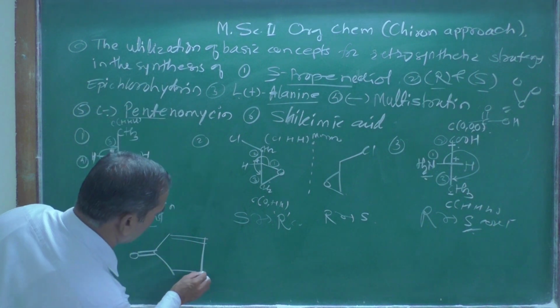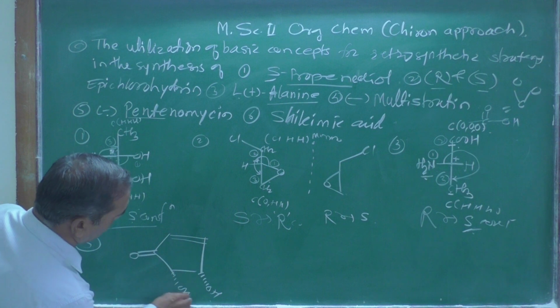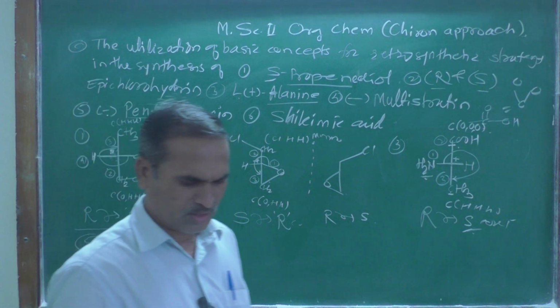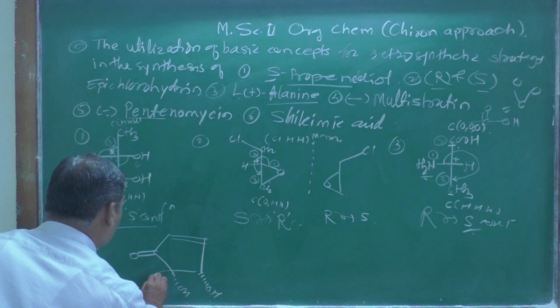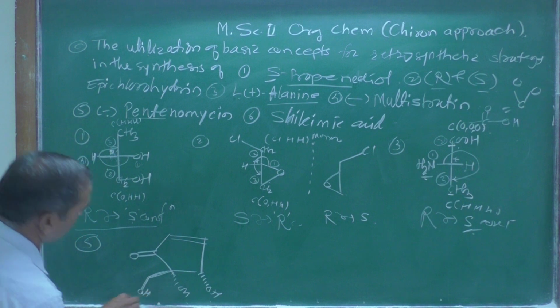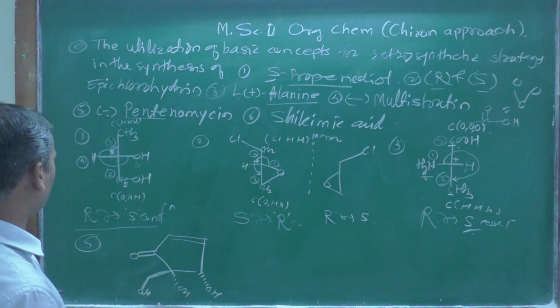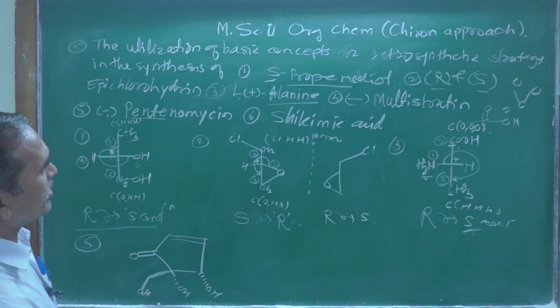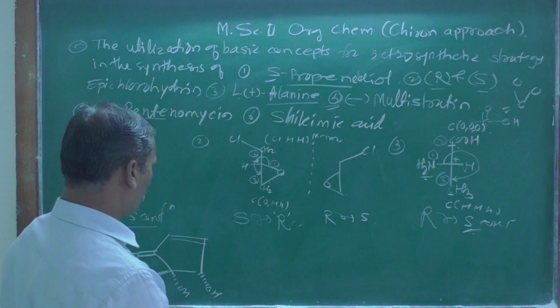Here is a hydroxy group, I am showing OH, here again a hydroxy group, and another one is above the plane, and that will be the OH, right? So this is the structure of minus pentenomycin. I think we have forgotten the fourth one.